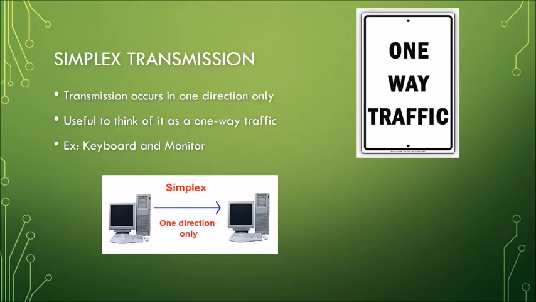I use traffic to help me understand the concept better. In simplex we model this as traffic travelling in only one direction, with no vehicle coming from the opposite direction; a vehicle from the opposite direction is not allowed to drive through. An example of this would be the transmission between a keyboard and a monitor.